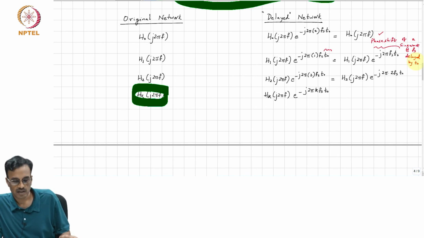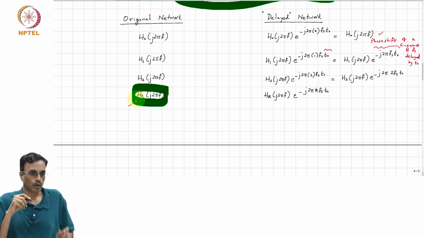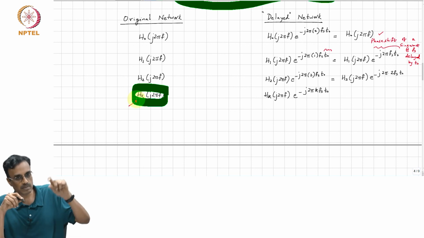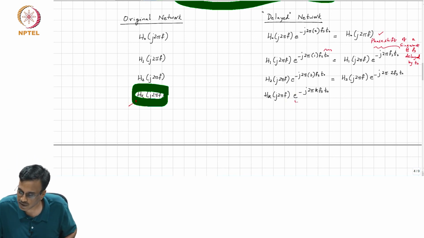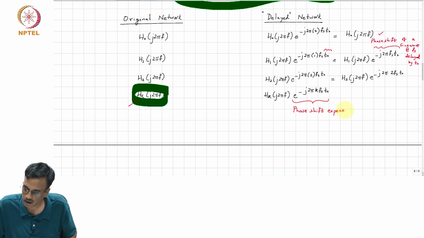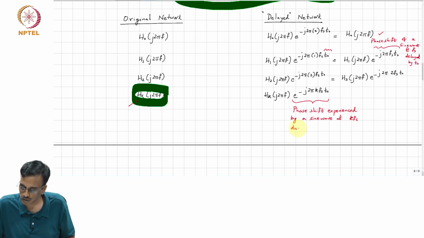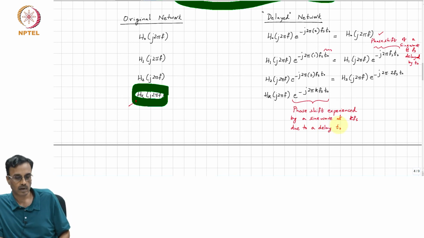Now, if you have the kth order term here, that quantifies the strength of k times f s, but that has also been delayed by the same amount of time t naught, and therefore, this is the phase shift experienced by a sine wave at k f s due to a delay t naught. Does that make sense? All right.